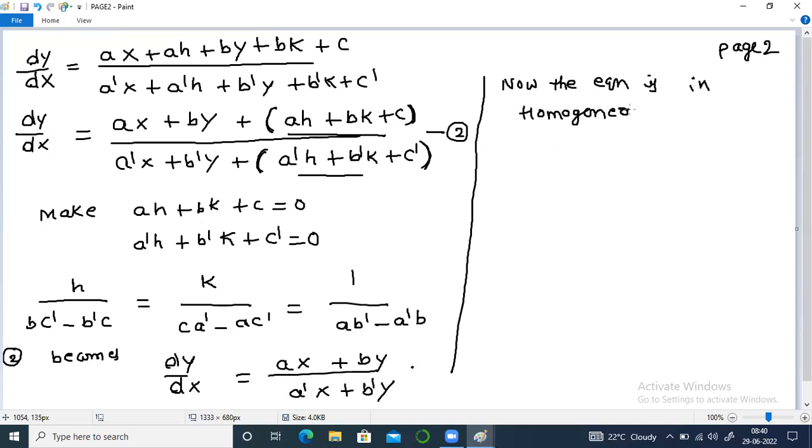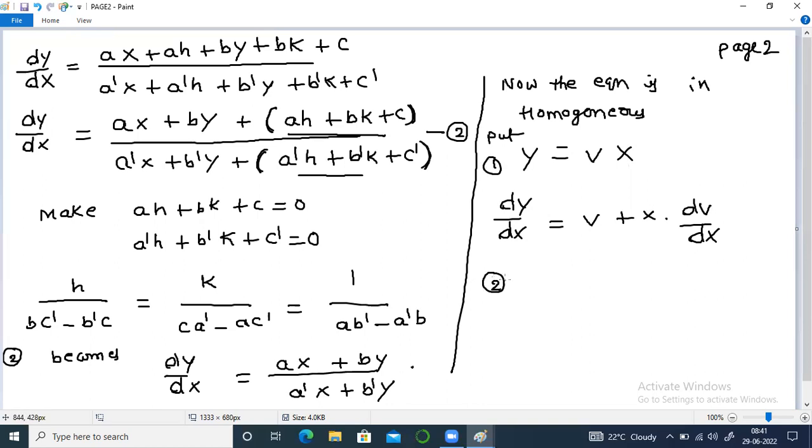If the equation is homogeneous, now what to do? You know that put Y = vX. Differentiating both sides, dY/dX = v + X dv/dX.